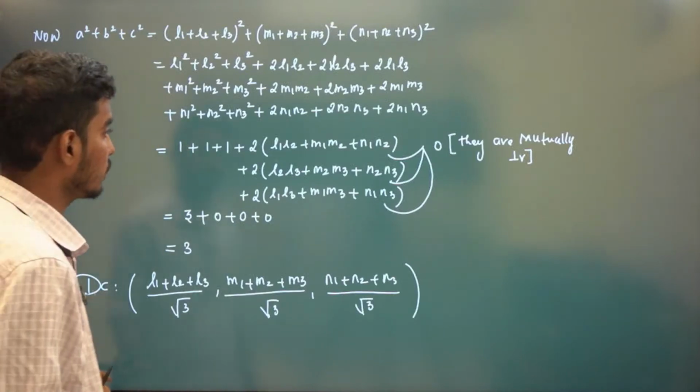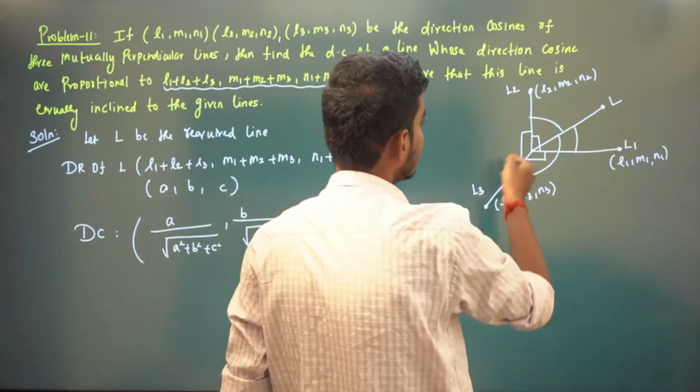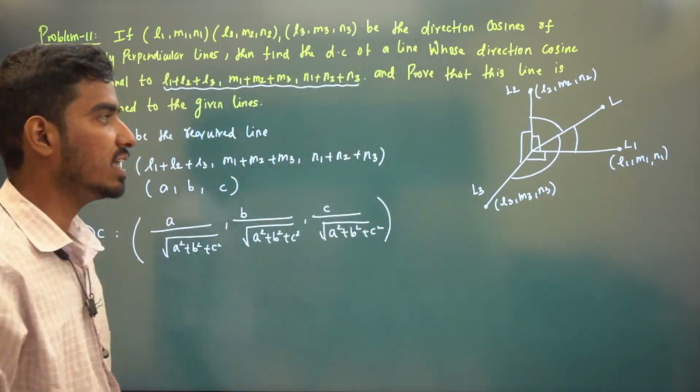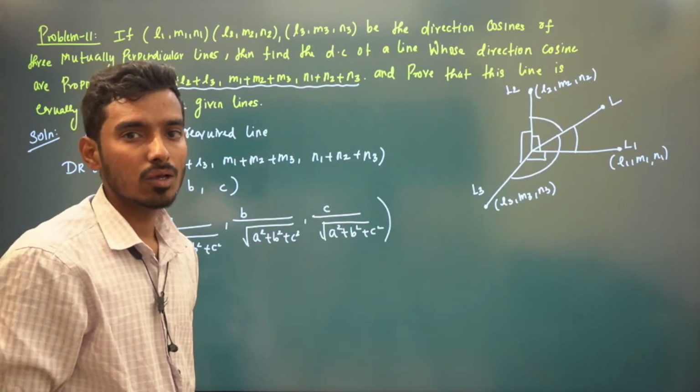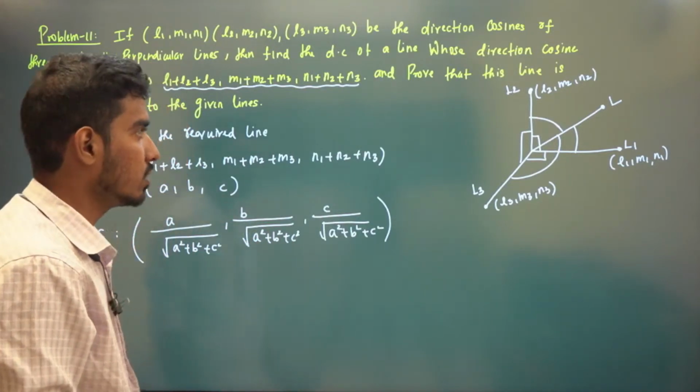Now we need to show that this line is equally inclined with all three lines. Find the angle between L and L1, the angle between L and L2, the angle between L and L3. You show that all three angles are the same.